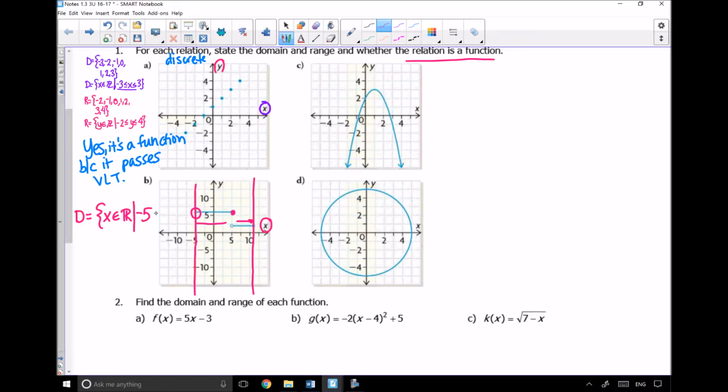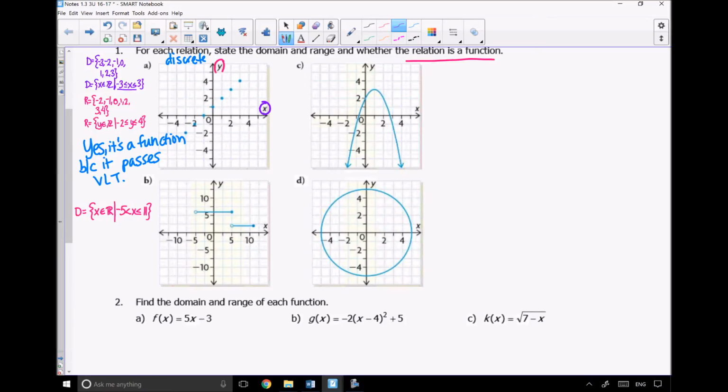So -5 is less than x is less than or equal to 11. Now, why do I have a less than sign here? Because over here it's not defined at -5. It's an open circle. Why do I have a less than or equal to sign here? Because it does actually reach 11. So 11 is still part of my domain.